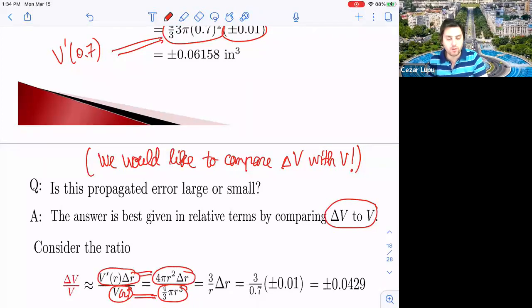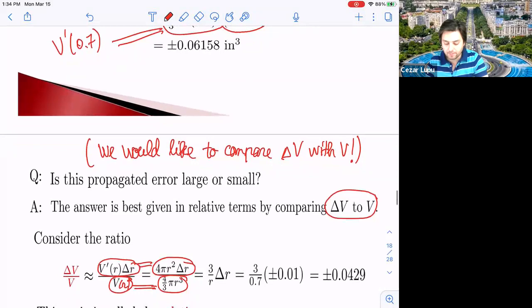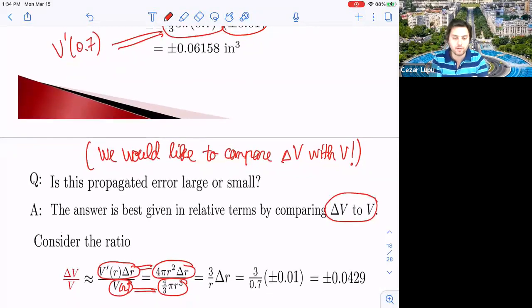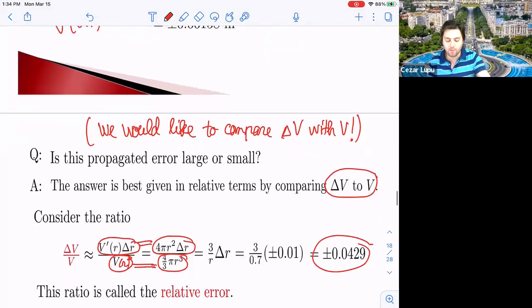So by just doing algebra, this will be 3/R times delta R, which will be equal to 3/0.7 times plus minus 0.001, which by some algebra will give me this. Well, what do you think? So this ratio, we will call this the relative error, right?